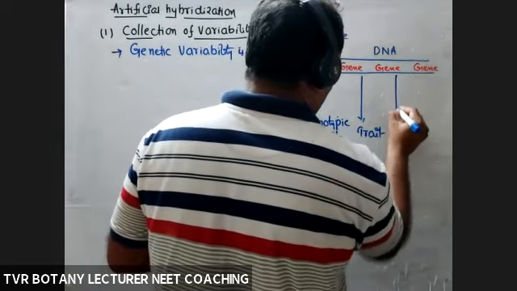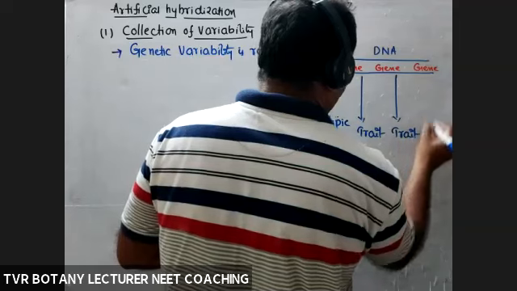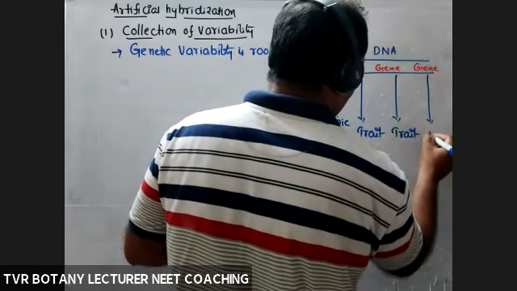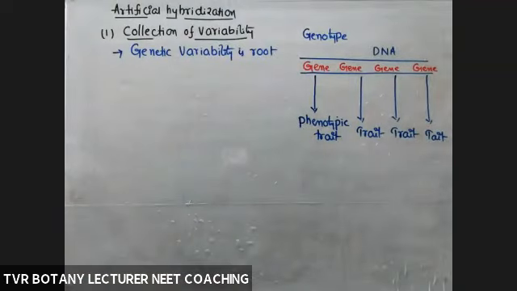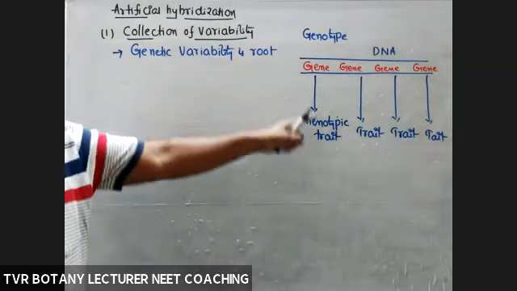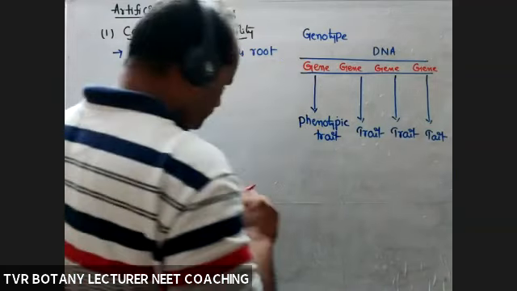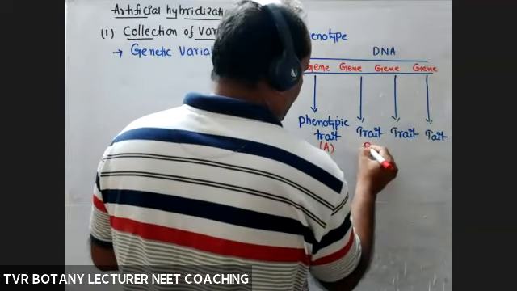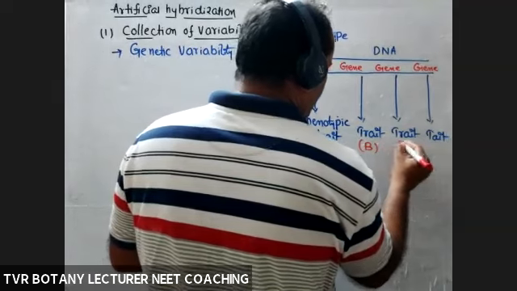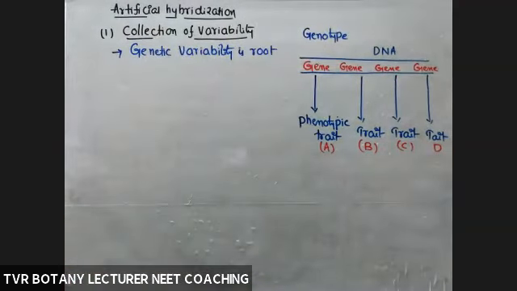This is a dummy one only, not the real one. I am giving this to understand the concept. So according to our knowledge, the genetic material is able to decide characteristics of organisms. Okay, so A type of trait, B type of trait, C type of character, D type of character.